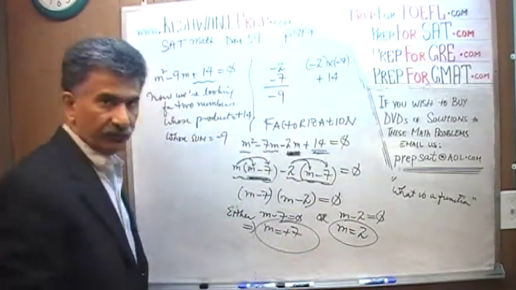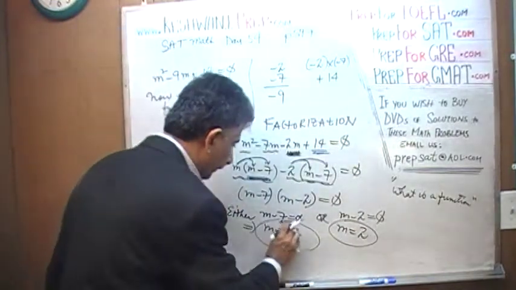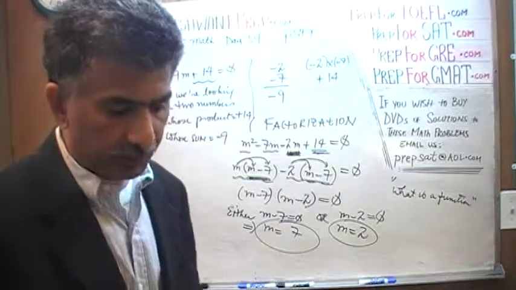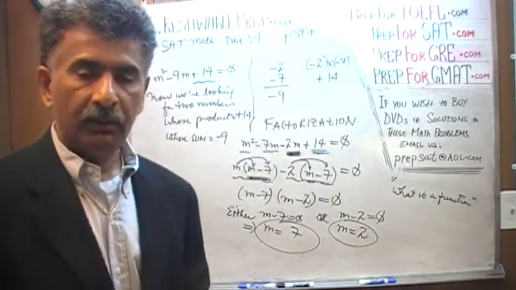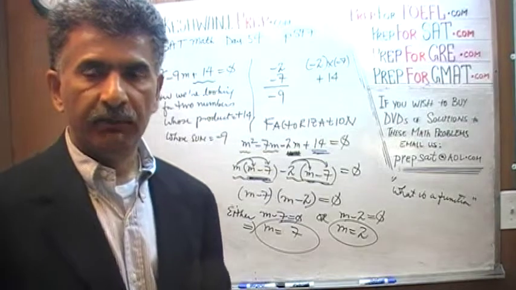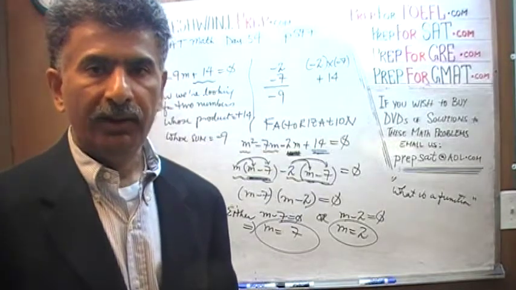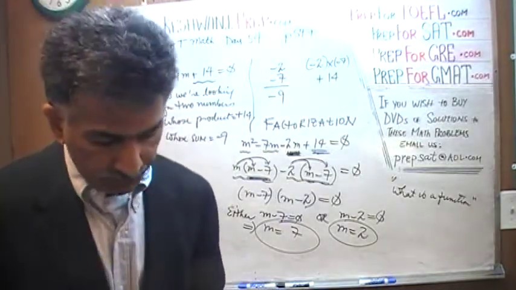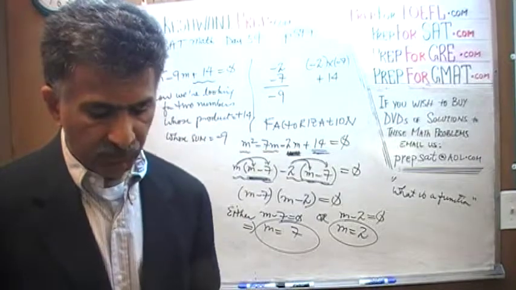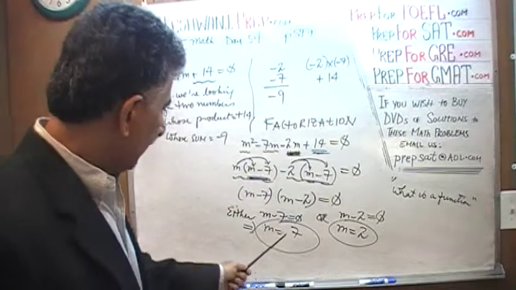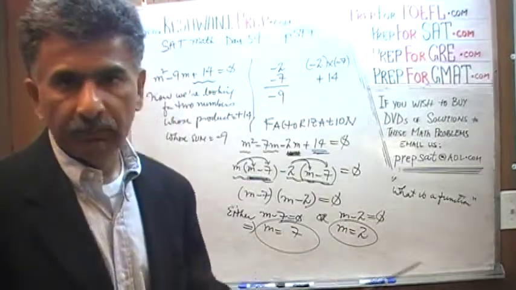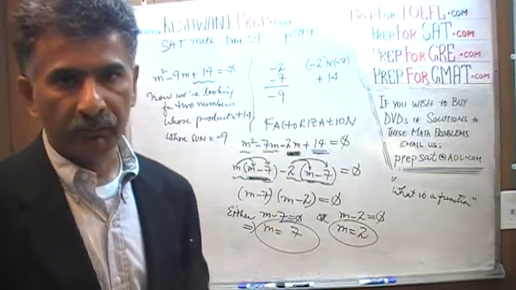There are two right answers here. In grading questions, many a time you run into a scenario where there is more than one right answer. There are sometimes 50 right answers. Your job is simply to grade in one possible answer. So here they're asking what is one possible value of m, and the answer is either 7 or 2. You can grade in either and you will get the credit for it.